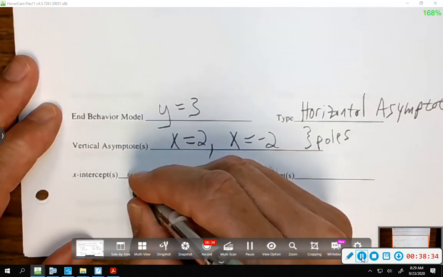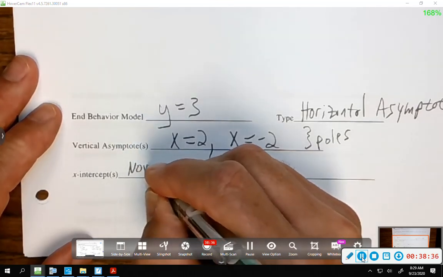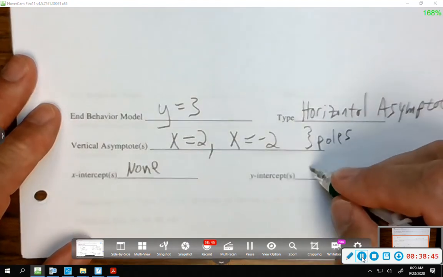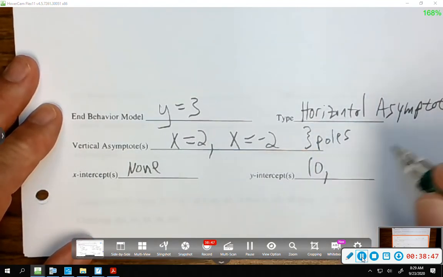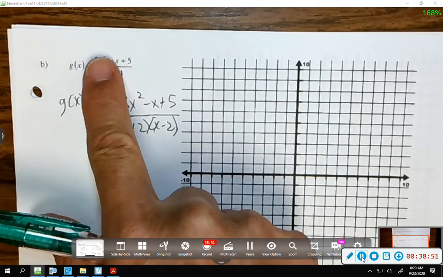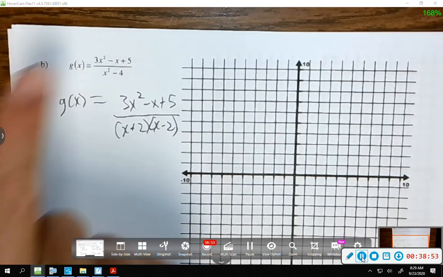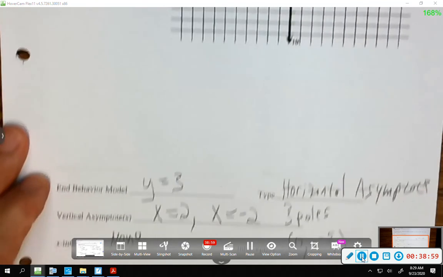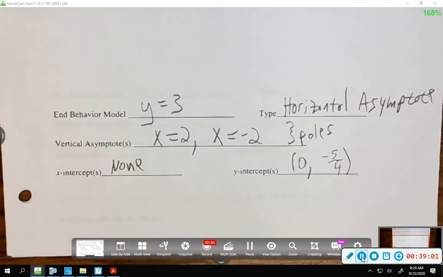None. Because 3x squared minus x plus 5, which is the numerator up above, never equals 0. The y-intercept's easy to find. Plug in 0 for x. If we plug 0 in for x, I think it's easiest to do it in the original, it is 5 over negative 4, or negative 5/4. There's a good point to shoot for. I'll write it down for you. 0, negative 5/4.